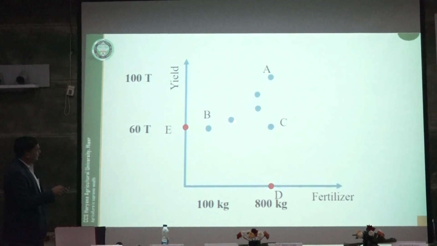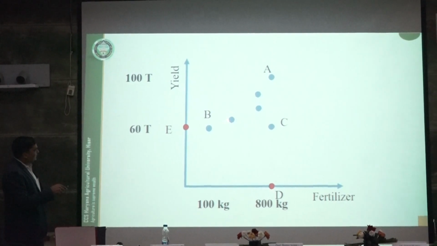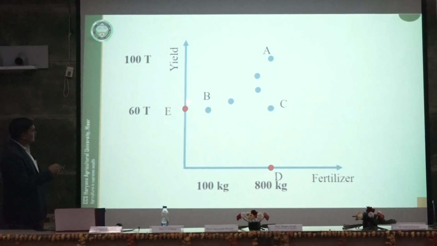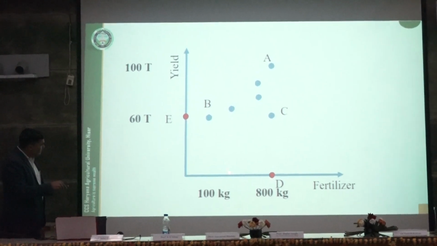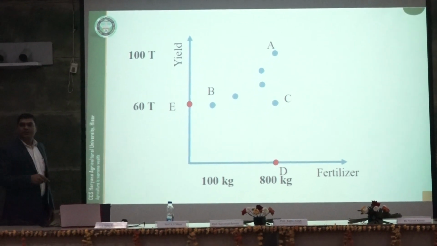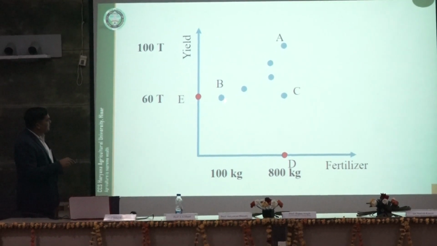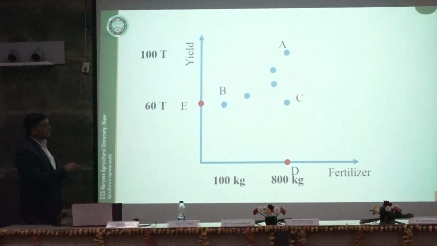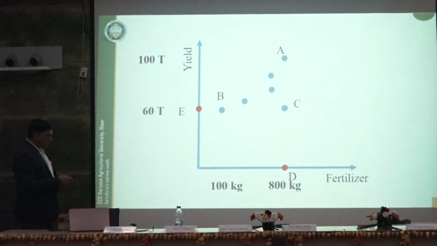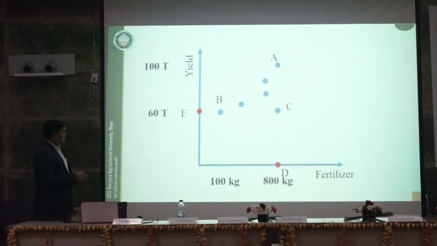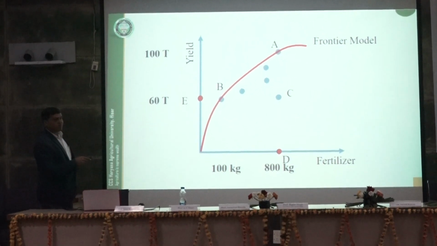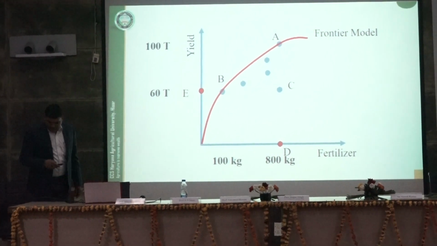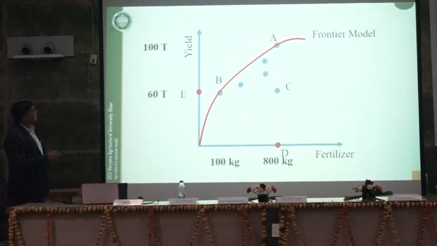And this is another farmer, who produces this much of wheat using this much of fertilizer input. Similarly, these are all the farmers. So this is the frontier model.